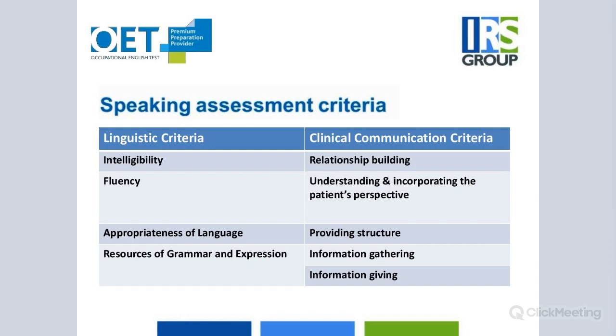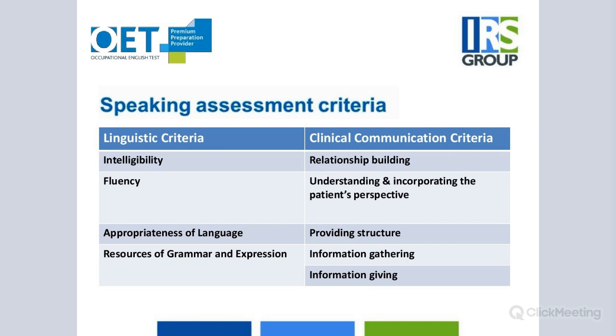Those are some of the things you should look at when you are speaking. So this is one of the criteria OET is looking at. Okay, appropriateness: using the right words and the right sentences at the right time. This is what they mean by appropriateness of language.